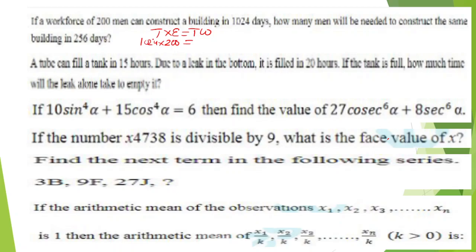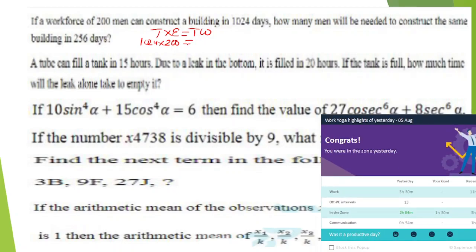We are aware of this formula, that time into efficiency is equal to total work. Here time is 1024 days and efficiency is 200 men. I don't multiply it, for easy calculation. So this is my total work.